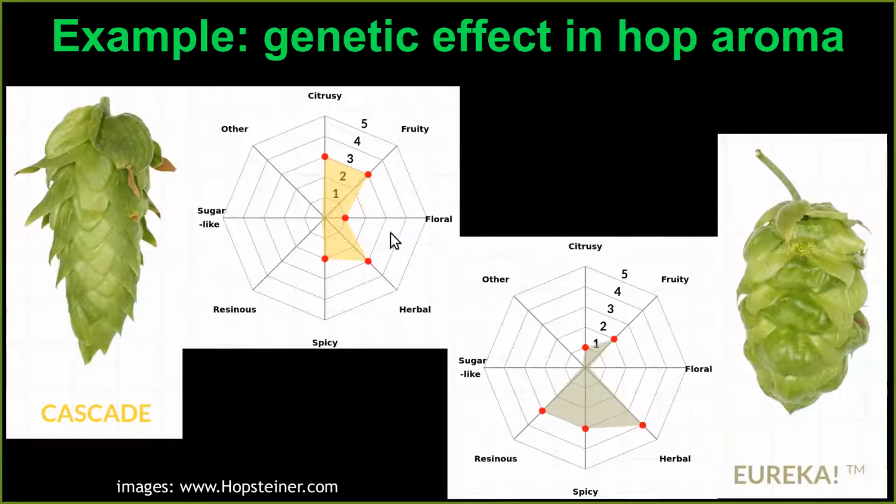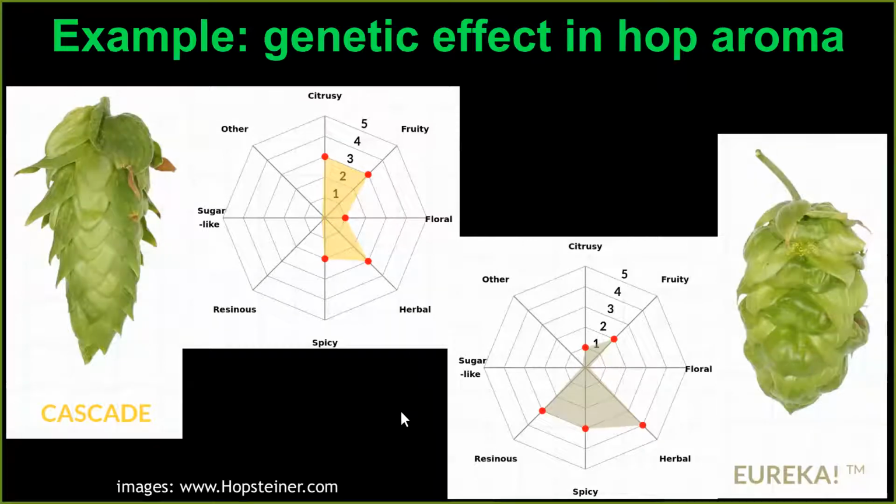And these two graphs here show the aromatic characteristics of these two different varieties. So, for example, Eureka has a resinous aroma to it, whereas Cascade does not have a resinous aroma.